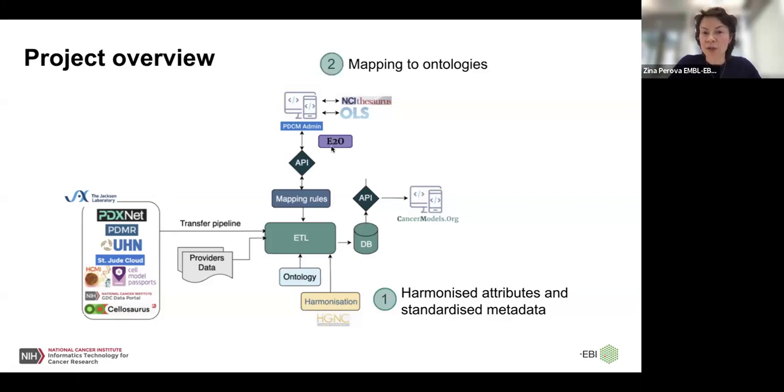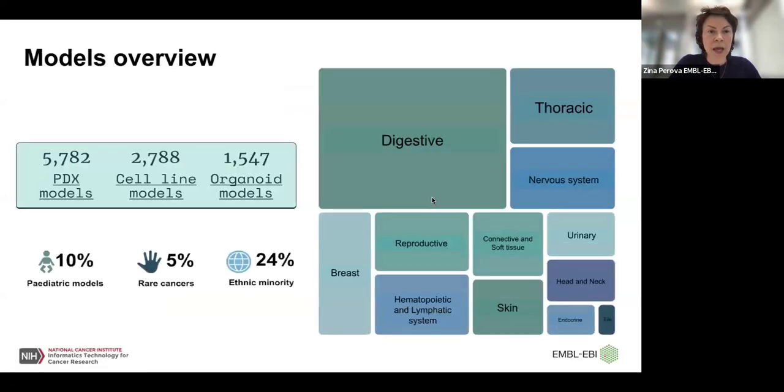We map to ontologies to enable seamless searching across all the resources. We provide a single platform with over now 10,000 models from multiple worldwide providers, and also a REST API for programmatic access to all the data, which is also available to download from the platform.